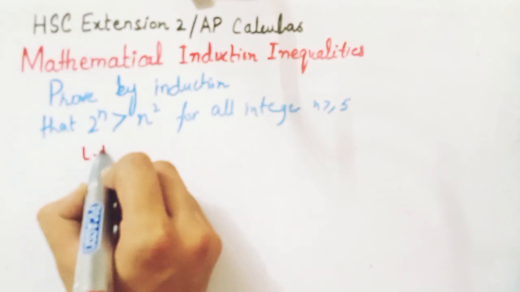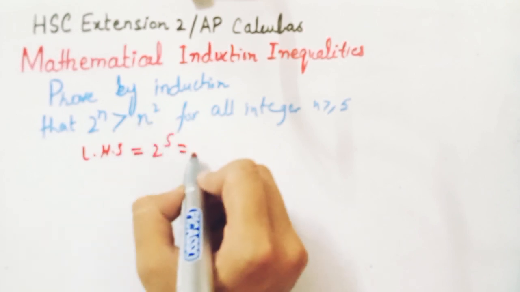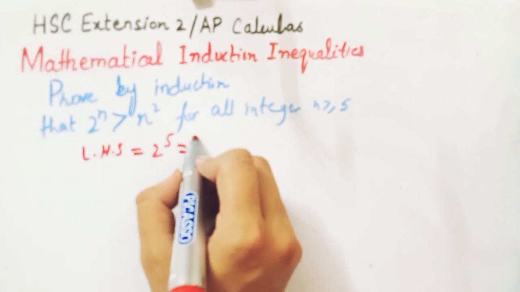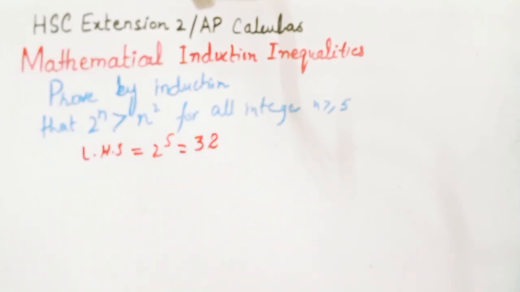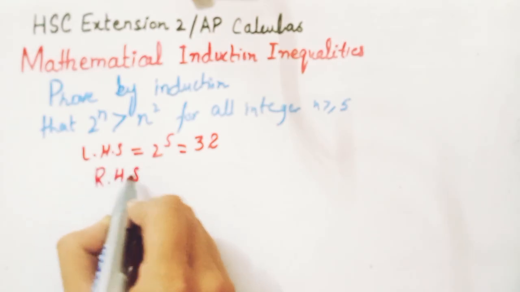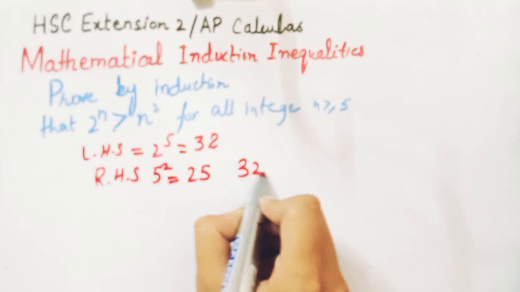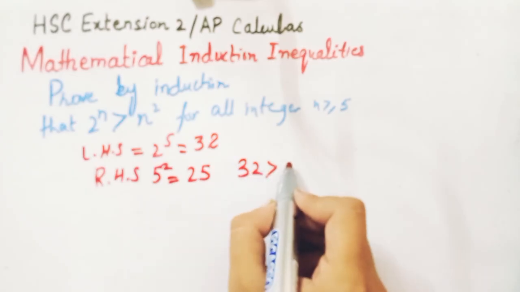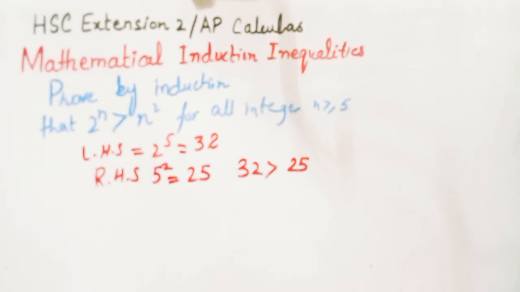On the left hand side, we will write 2 raised to power 5, that equals 32. Now on the right hand side, we have 5 square, that is 25. So 32 is greater than 25, so this statement is true for n equals 5.